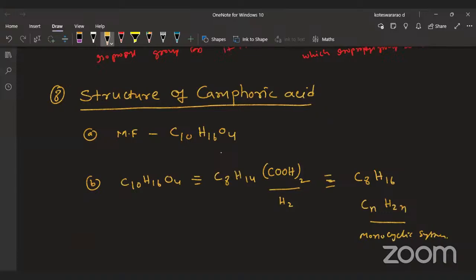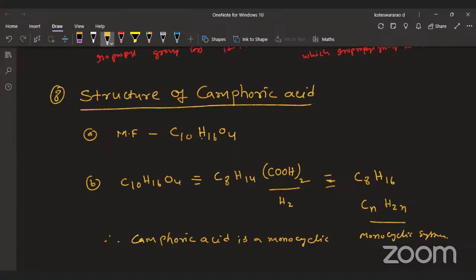Therefore, camphoric acid is a monocyclic compound.